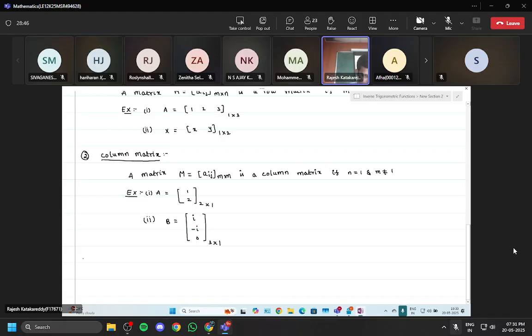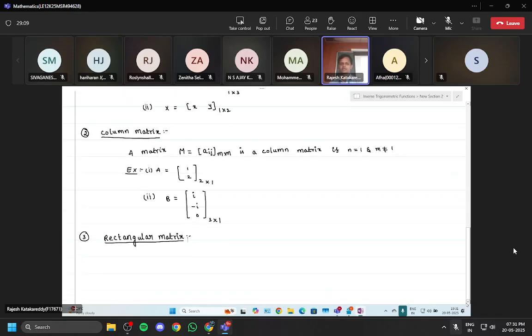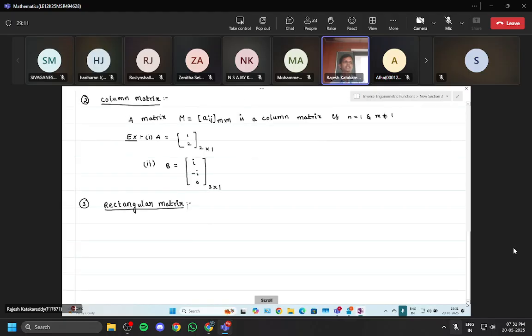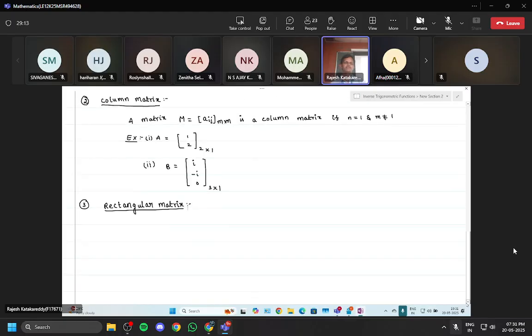After column matrix, we are seeing rectangular matrix. Can I scroll up? Anybody writing this column matrix? Copied.